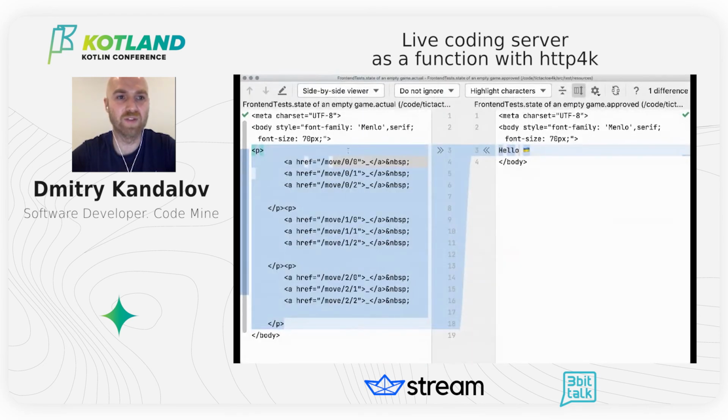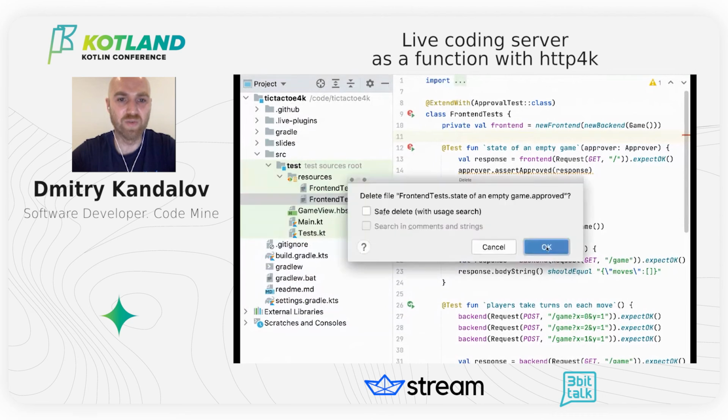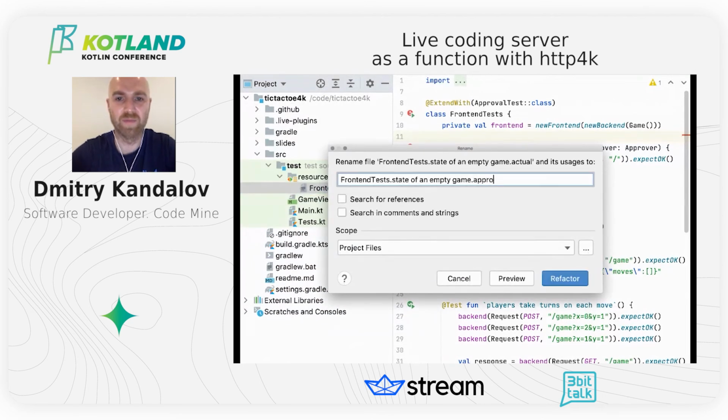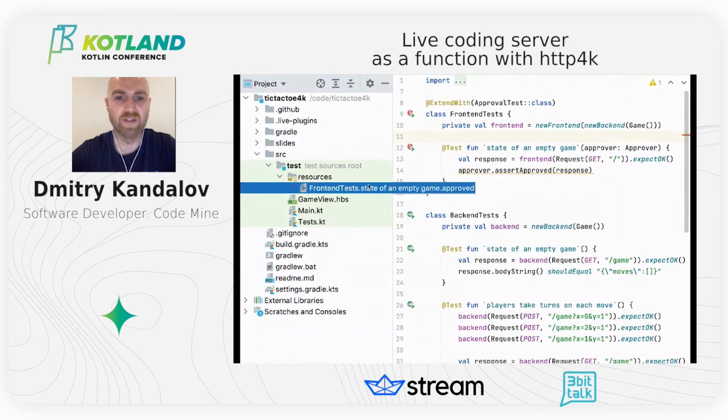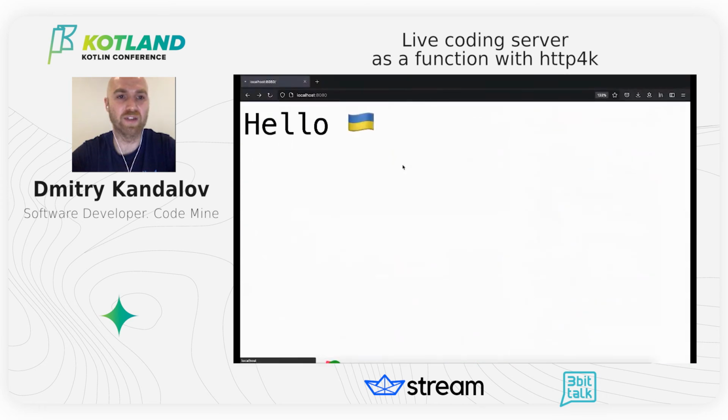So it looks fine to me because we get some HTML. So I'll just go ahead and approve this once again. There are tools to do this faster, and you can automate this yourself, a small script, for example. This will work now, and I can also try it in the browser.